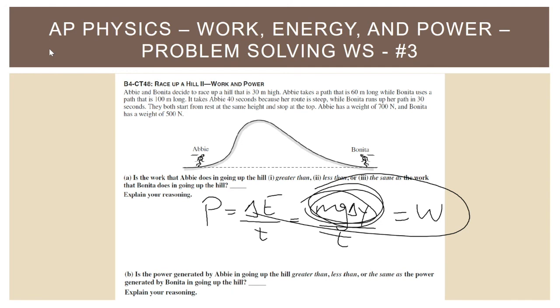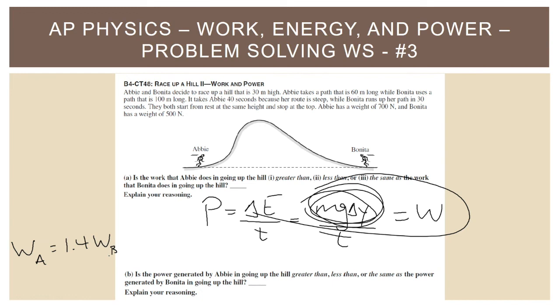Notice it says here that Abby has a weight of 700 newtons, while Bonita has a weight of 500 newtons. That means Abby's weight, and thus Abby's work, and so I'll write this down here just to keep track of it, the work of Abby is going to equal 1.4 times the work that Bonita does.